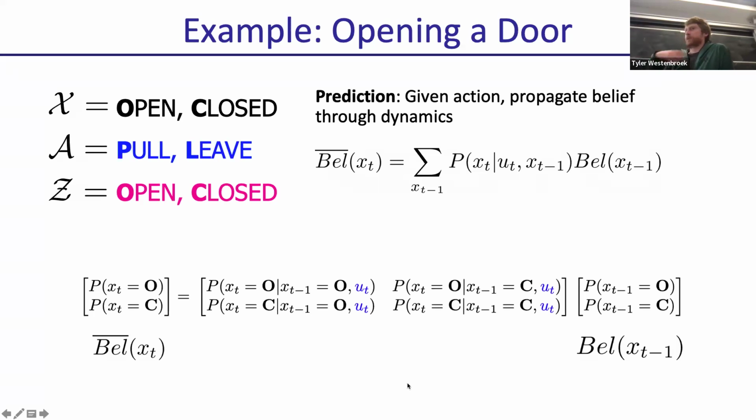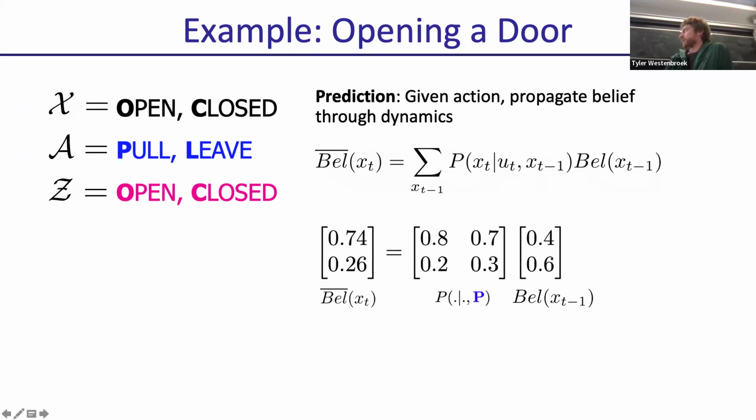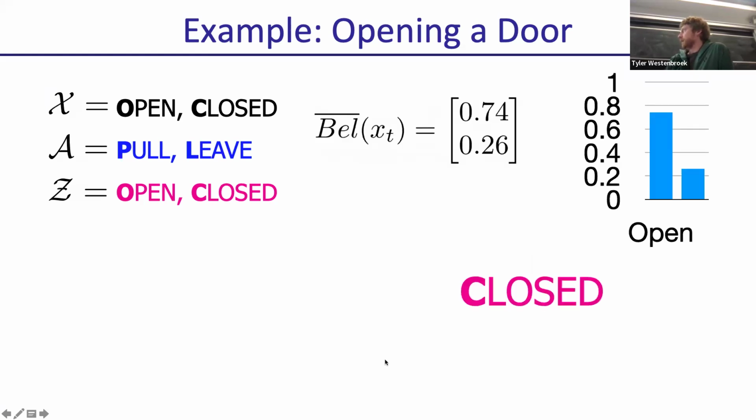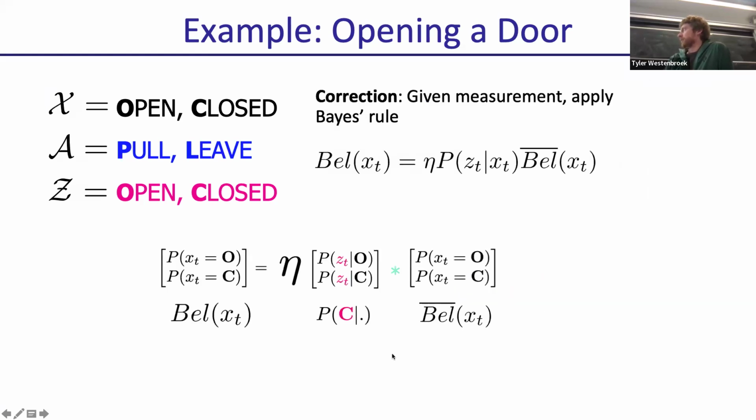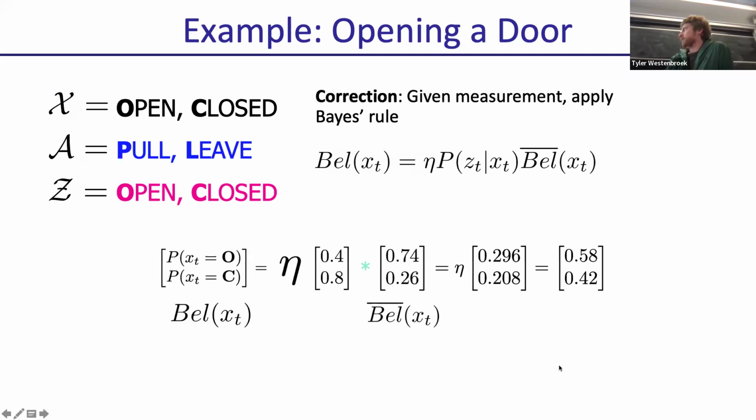We're doing this example because this is going to form the foundation for the Kalman filter, which you'll see in upcoming lectures. So we can iteratively run this matrix computation to give us our beliefs at any time step into the future. We can do the same thing for closed.